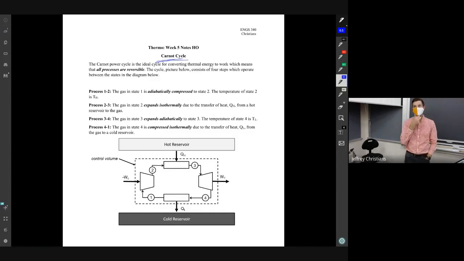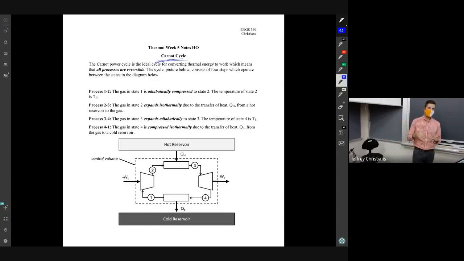We're going to talk about what's this? It's not a real black box, right? It's a theoretical system because it's the best that we could possibly do. But we're going to say, okay, what's in the Carnot cycle? What's inside of that black box that would be the best possible way to turn heat into work, or the best possible heat engine?